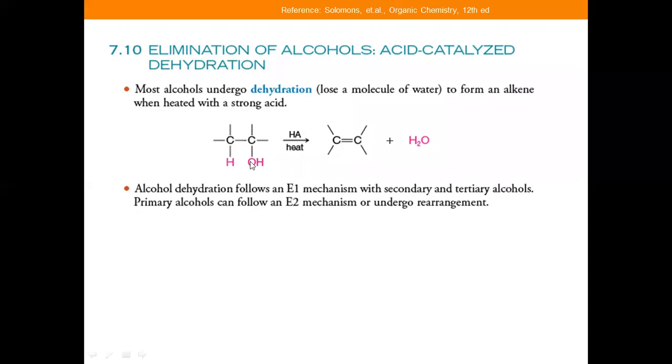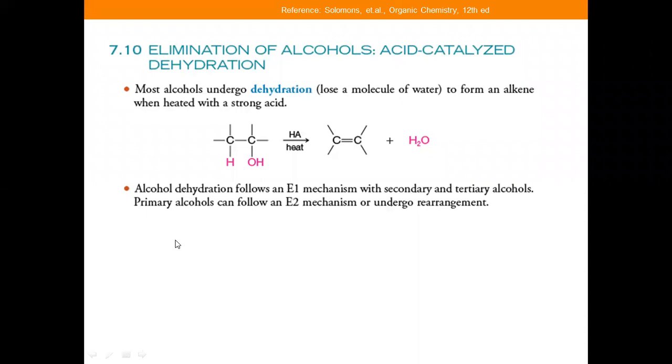When the leaving group is OH in the elimination reaction, we call this a dehydration reaction. Of course, we still produce our double bond, and one of the side products is water. The base will abstract the proton to get your double bond, and your leaving group is an OH.